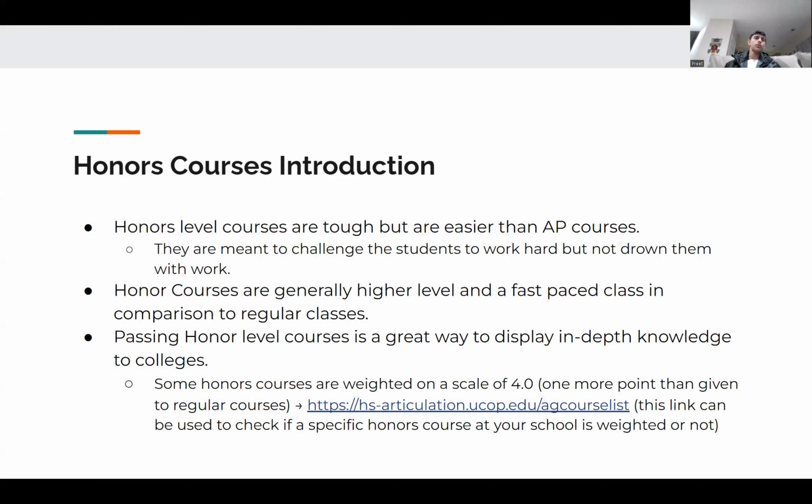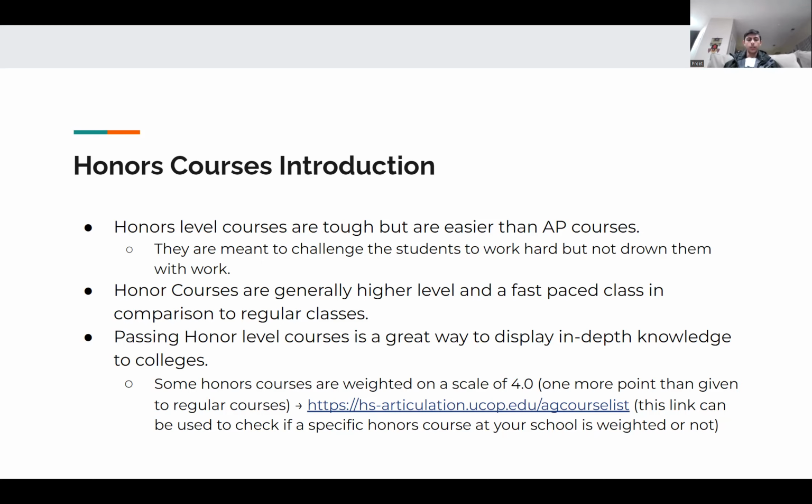So for example, if you take English 9 honors, it will be a significantly harder class than just regular English, right? But again, taking an honors course is also a great way of showing your course rigor, that you're challenging yourself to take a more rigorous course.